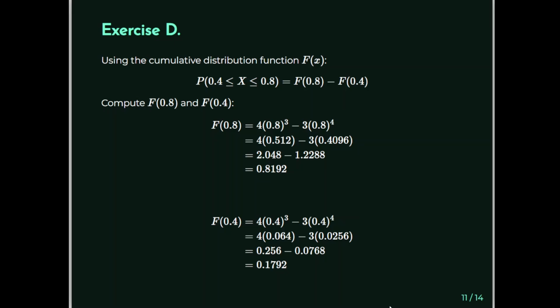Similarly, the cumulative distribution of 0.4, F of 0.4, equals 4 times 0.4 cubed minus 3 times 0.4 to the power of 4. That is 4 times 0.064 minus 3 times 0.0256. So 0.256 minus 0.0768, and that is 0.1792.